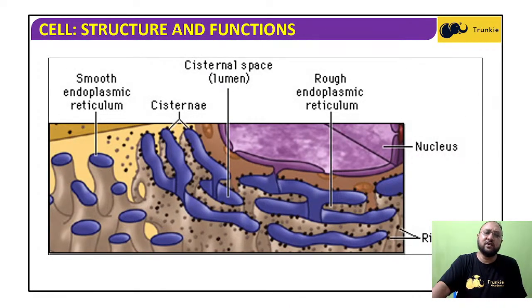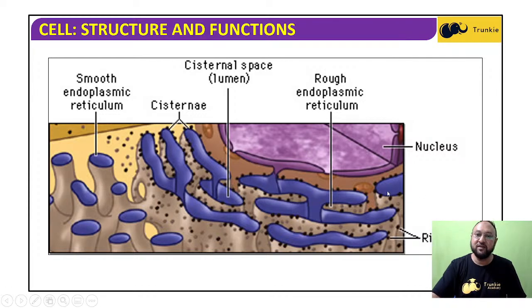So you can see the smooth endoplasmic reticulum without any ribosomes attached to it. Then the cisternae: cisternae are the flattened sacs of the endoplasmic reticulum, and with the presence of ribosomes these are called rough endoplasmic reticulum. You can see the lumen of the cisternal space, stack-like.